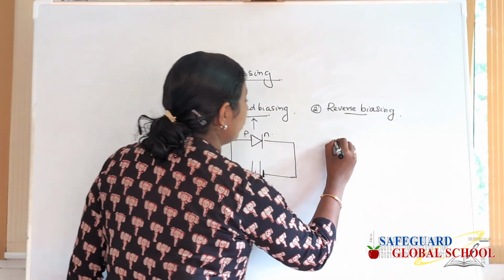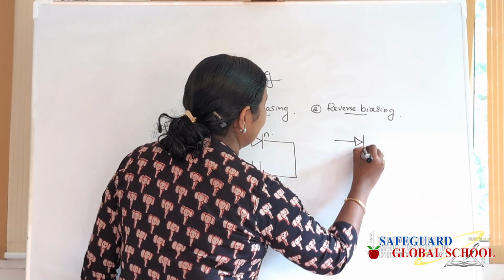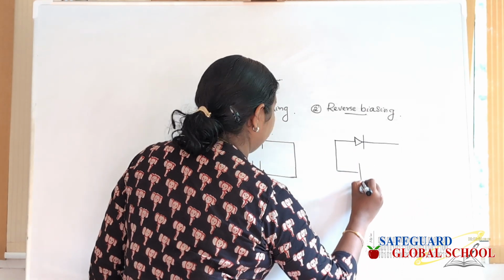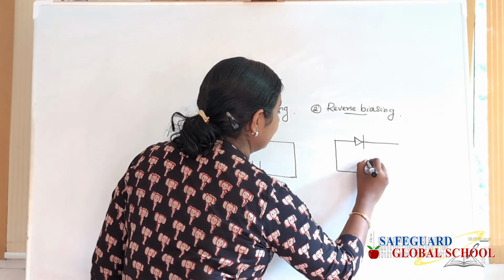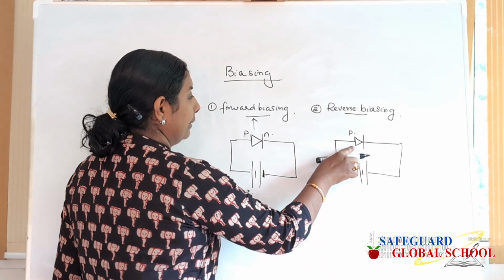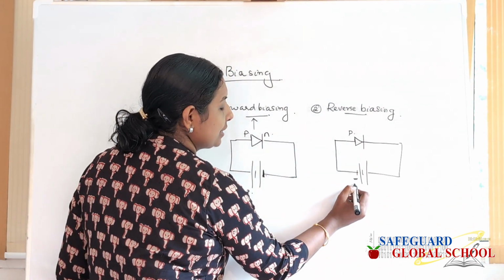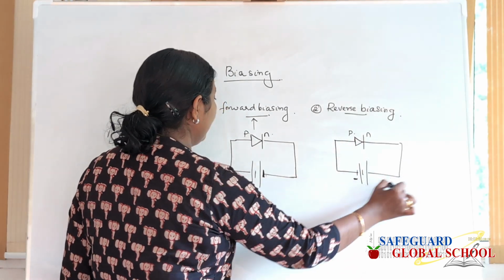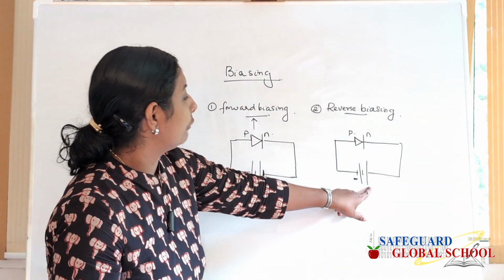So how is it a reverse biasing? It is like this. Listen. If we connect it like this, what happens here? The P side of the diode is connected to the negative terminal of the battery and the N side is connected to the positive terminal of the battery.